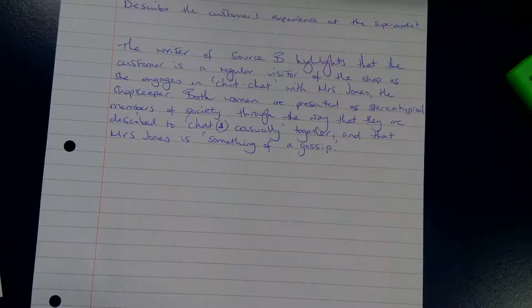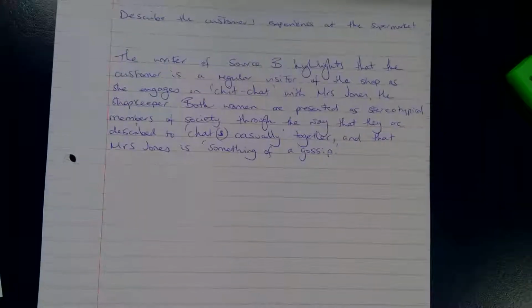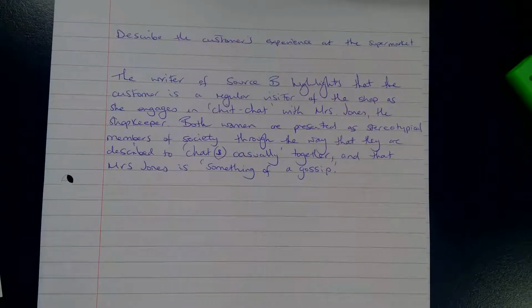Alright, so now what I want to do is get my language techniques in there. I know you may have been taught this in the past, and that might be a Key Stage 3 mentality, that you need a technique, the simile here represents, or the metaphor here. You don't need that. It's not about that language technique. Absolute bonus if you can. What it's about is explaining how a reader might interpret what's presented in the language.